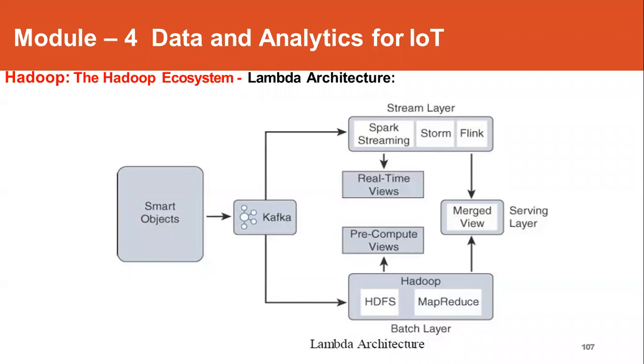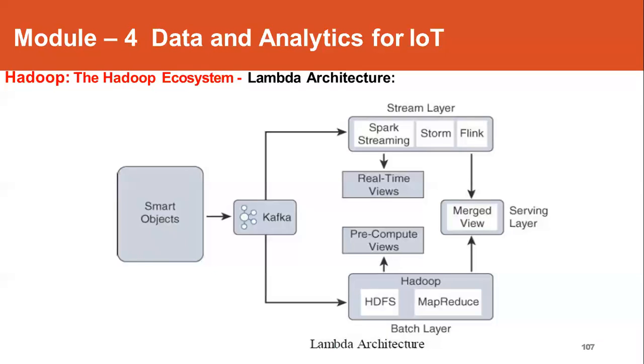So the streaming layer is separated as well as the storage data. The storage data is directly sent to HDFS for storage, whereas the streaming data is sent to the streaming layer. The streaming layer will do the further processing of streaming data, maybe real-time views, and then both of these can be merged together for the serving layer. So this has three layers: stream layer, batch layer, and serving layer.